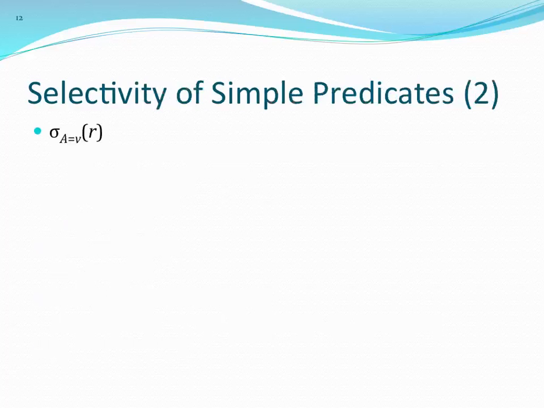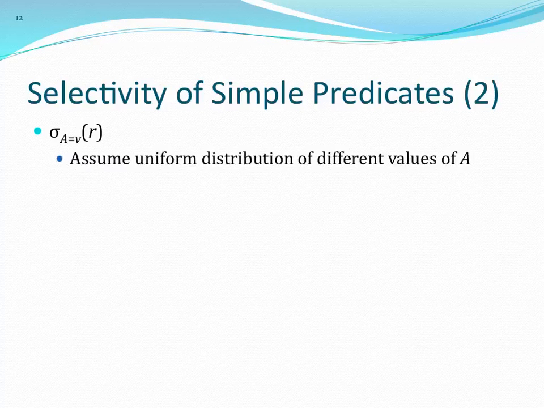Okay. What about attribute equals value? Well, we don't use min and max for this. What we do, I mean, you could actually. You could say if V is less than the min or it's greater than the max, the selectivity is 0. Because you're assuming that the value falls outside the range you think the value can take. So assume uniform distribution again.